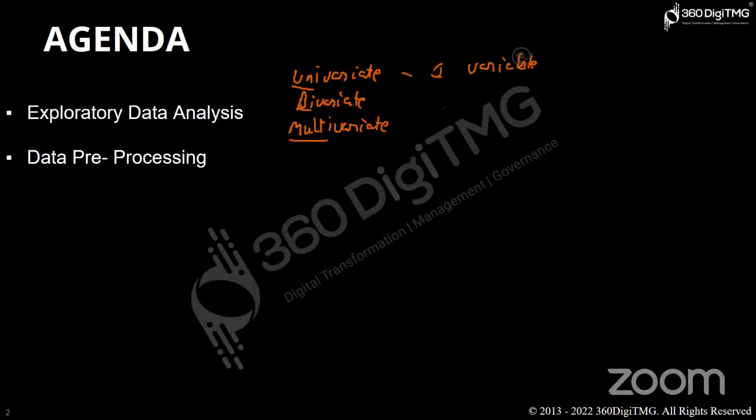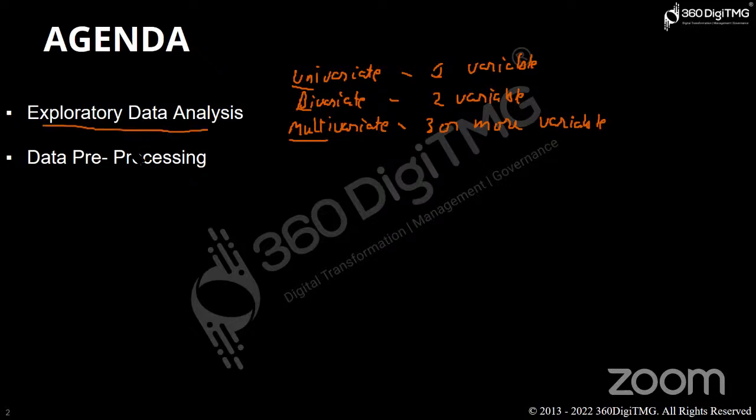Bivariate is when you're analyzing two variables. And multivariate is when it's three or more variables. So when you're doing exploratory data analysis, you will come across these three terms. So that is the basics of EDA.